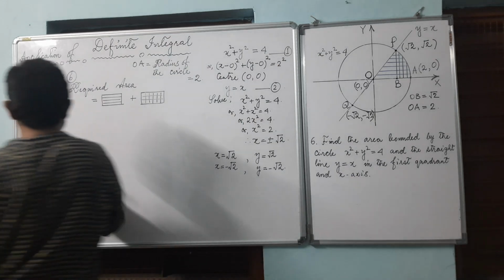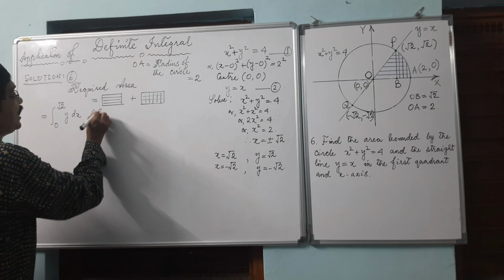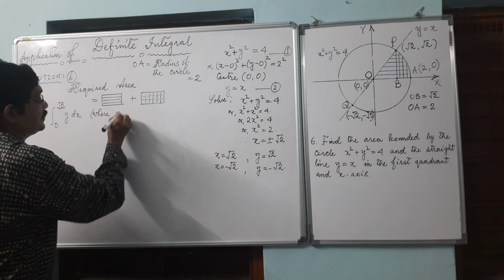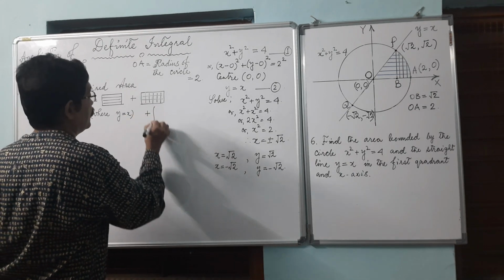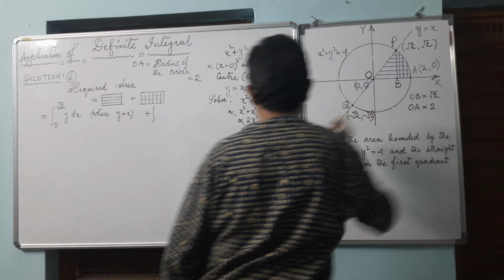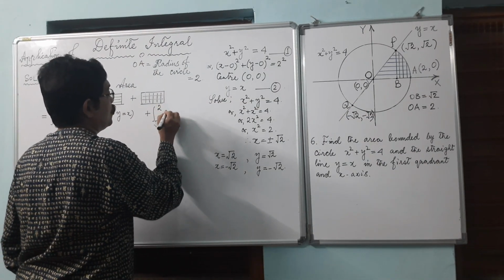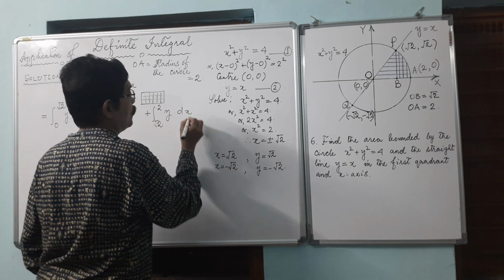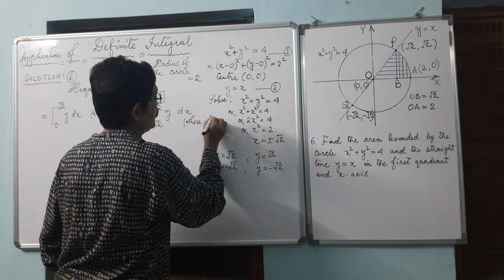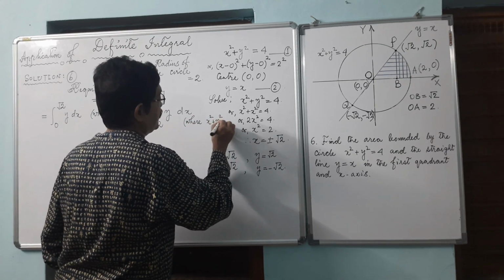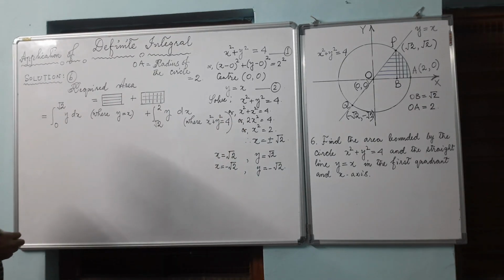So that is the integral from 0 to root 2 of y dx, where y equals to x, it should be mentioned, plus from B to A, that is root 2 to 2, y dx, where x square plus y square equals to 4.